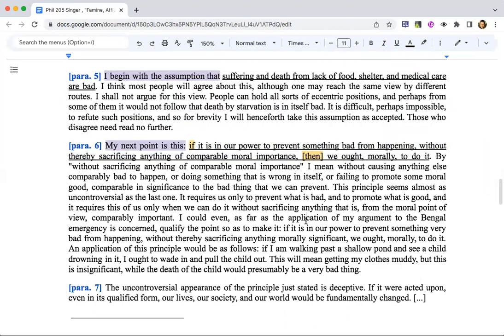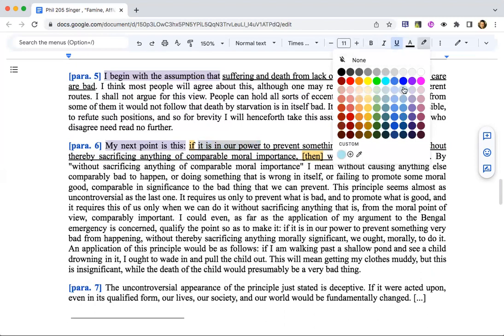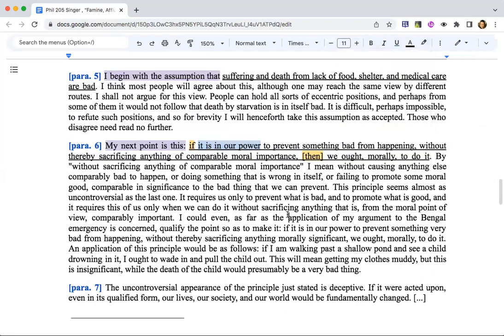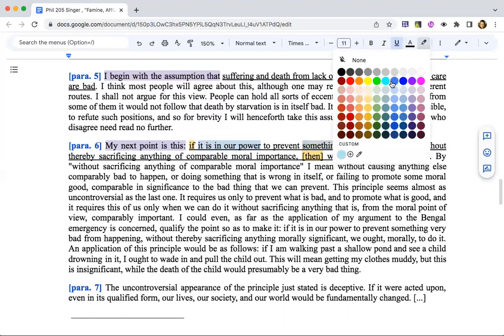It's an if-then statement. It's a principle that says, if the bits after the if are met, think of these as criteria, then this is the action that is required of you. And notice there are 3 criteria. Criteria number 1 is it is in our power to prevent something bad from happening.